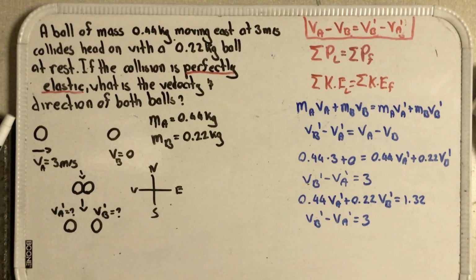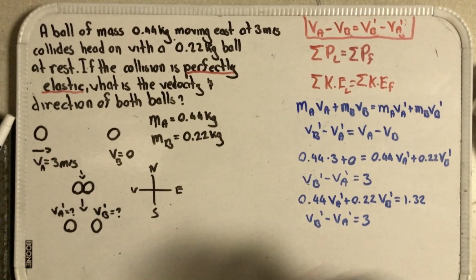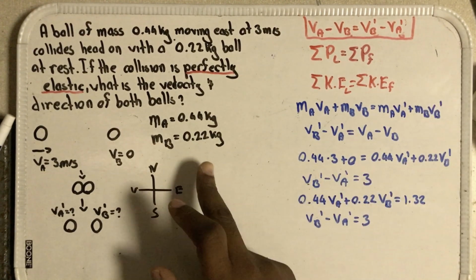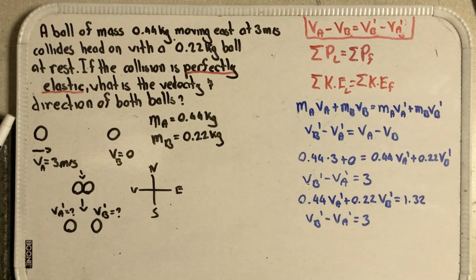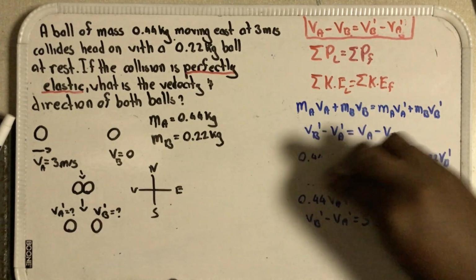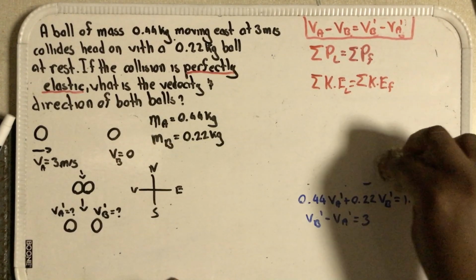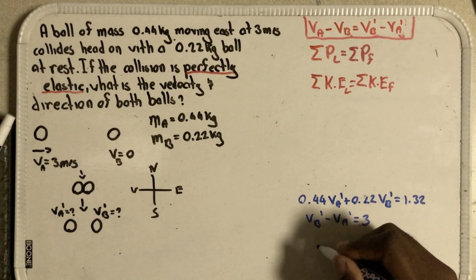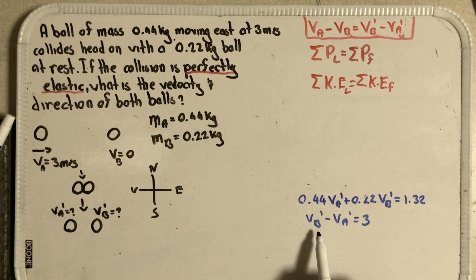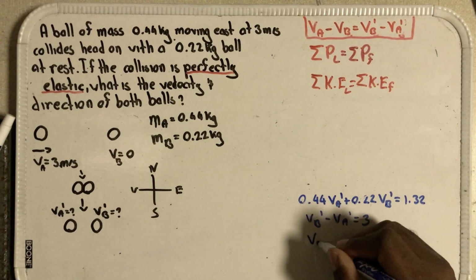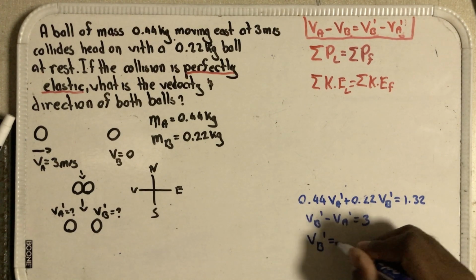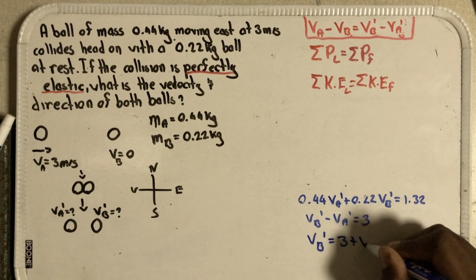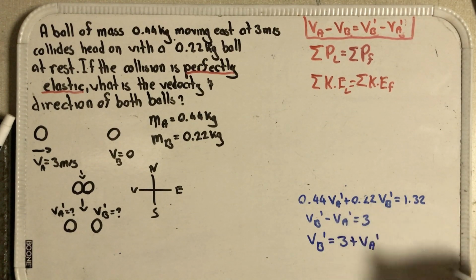I have two equations, I have two unknowns, and I believe that I can confidently solve the system now. So I'm going to migrate up just for the sake of space and continuity. Down here, I'm actually going to solve for final velocity of B. Final velocity of B is equal to 3 plus final velocity of A.